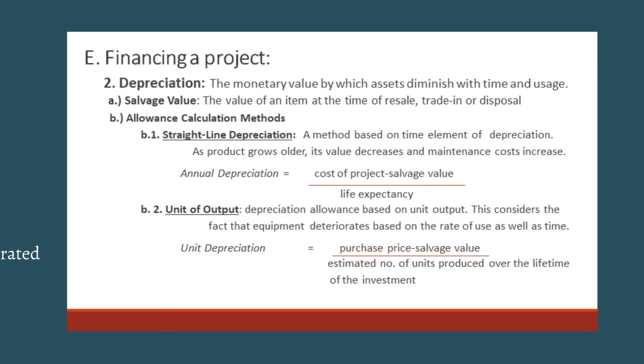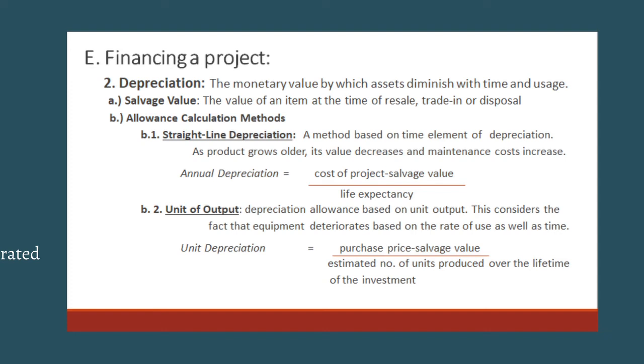The straight line depreciation is a method based on the time element of depreciation. As a product grows older, its value decreases and maintenance cost increases. So annual depreciation equals the cost of the project minus salvage value, divided by the life expectancy of the machine.